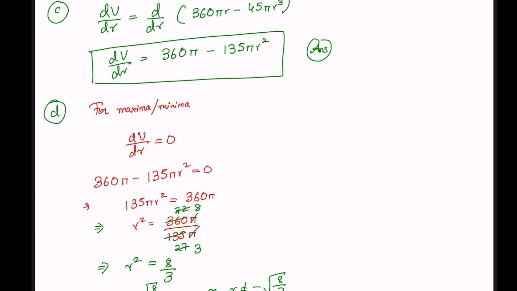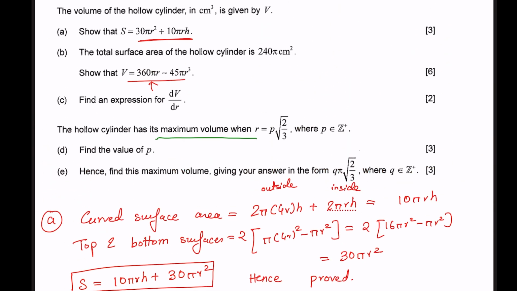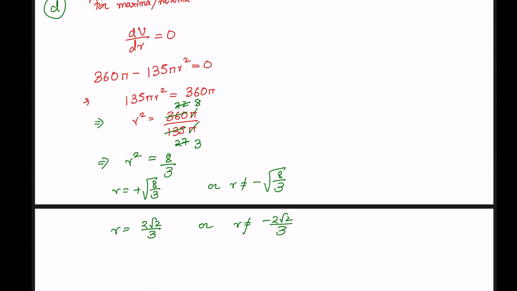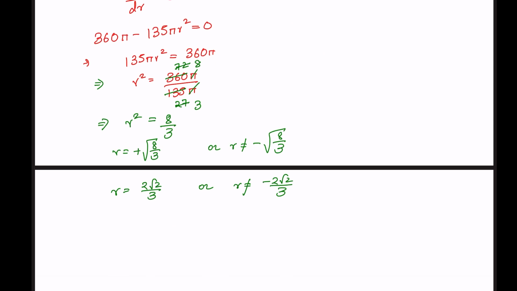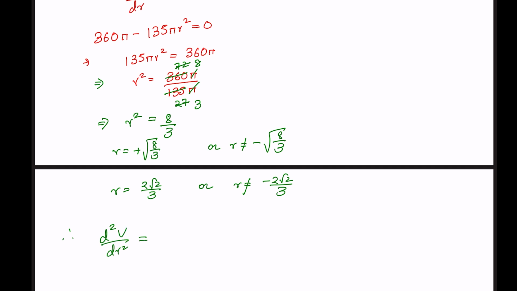Now this contains 3 marks. So we can just find d2V by dr square and plug in the value of r. So d2V by dr square would be minus 135 times 2, which is minus 270 pi r. So minus 270 pi times 2 root 2 by 3 will yield a negative number.